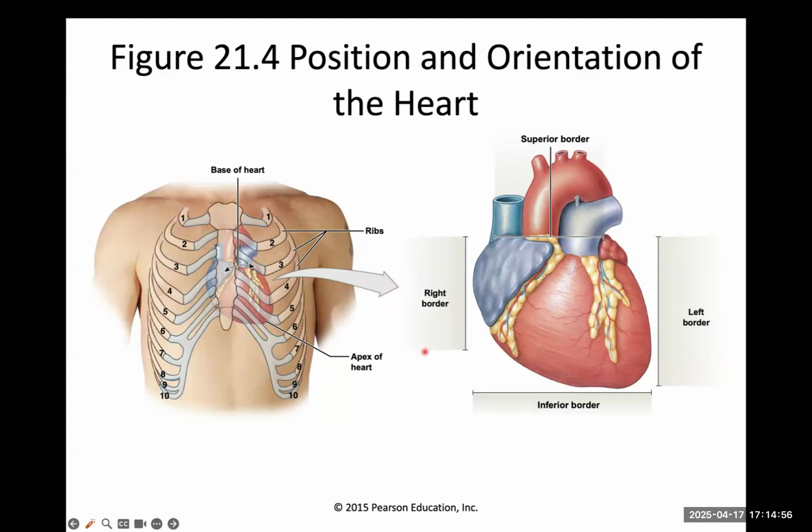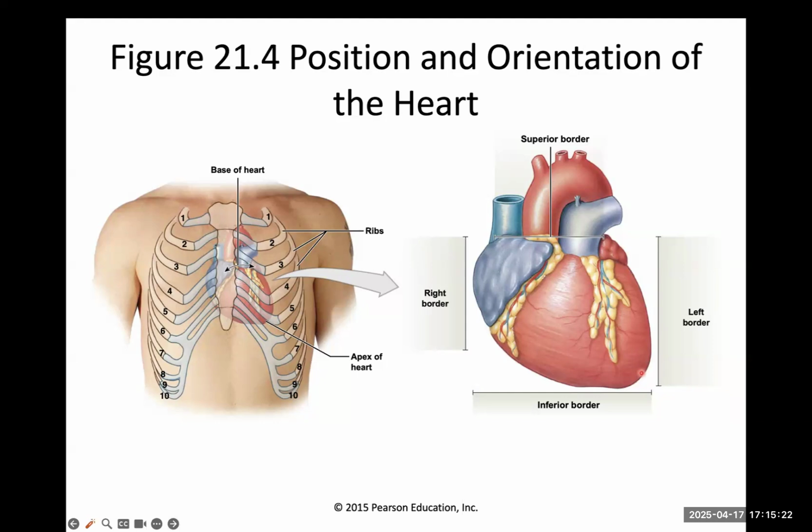There's this pointy structure right here. This is called the apex. This is called the apex of the heart. If the patient is facing you, that's how you're going to describe it.